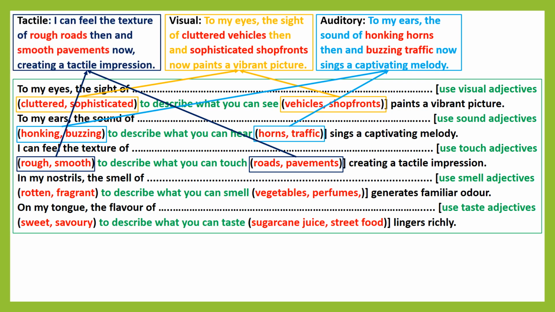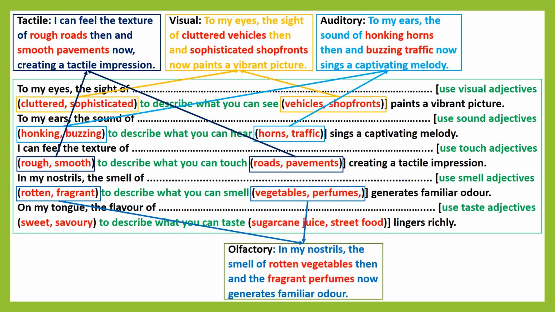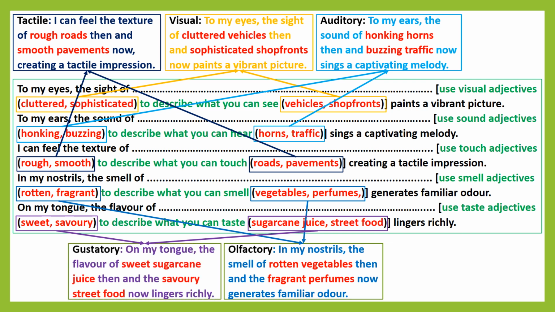Combine the smell adjective rotten with the noun vegetables and fragrant with perfumes to create olfactory imagery describing the street. Combine the taste adjective sweet with the noun sugarcane juice and savory with the street food to create gustatory imagery describing the street.